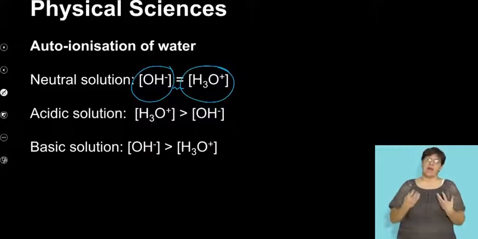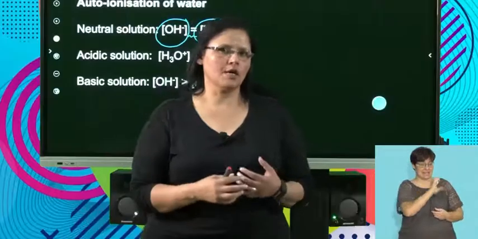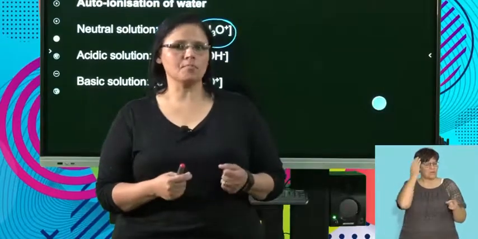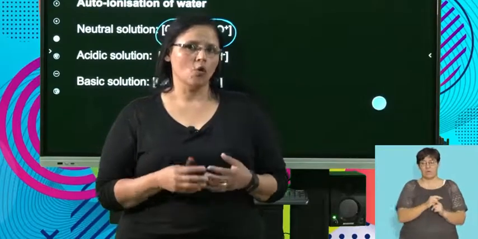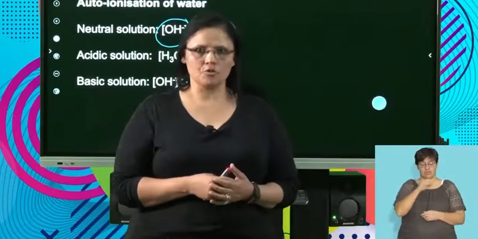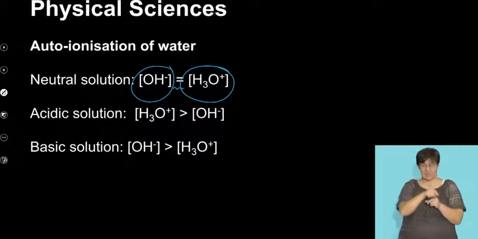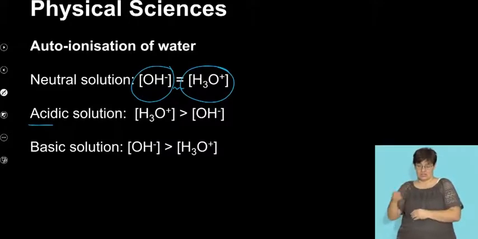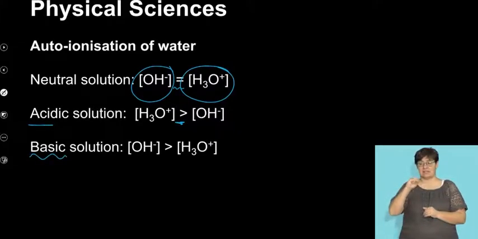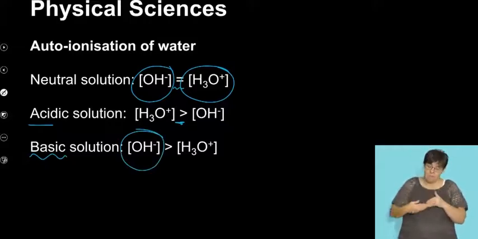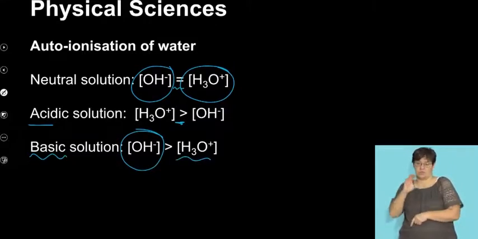When you have an acidic solution, we know something is acidic because of the hydronium ions in the solution. So when you look at an acidic solution, the hydronium ions in the solution will be more than the hydroxide ions. And for a basic solution, we will have more hydroxide ions in the solution compared to the hydronium ions.